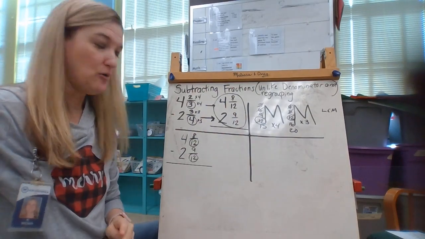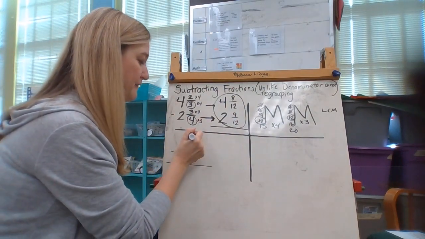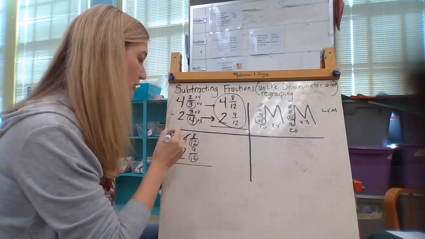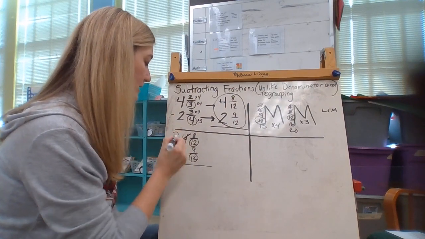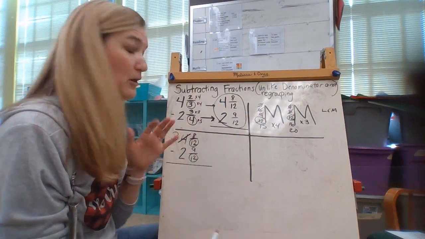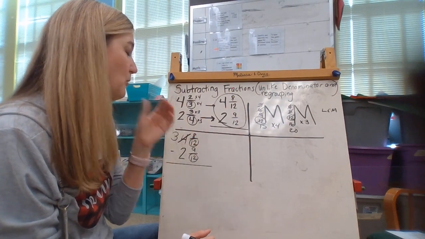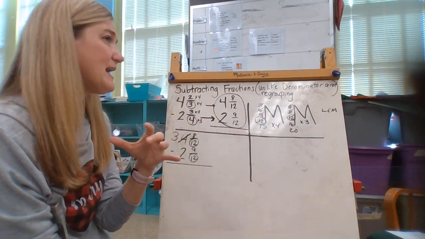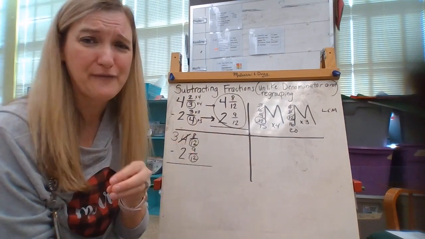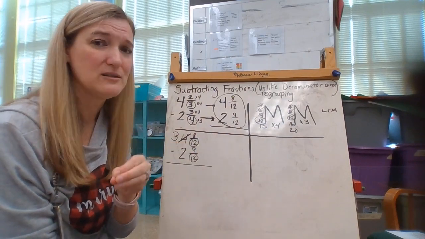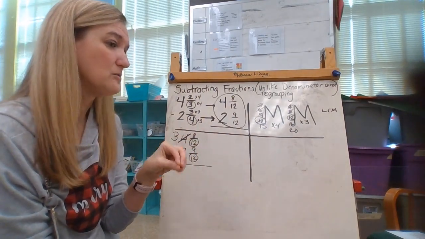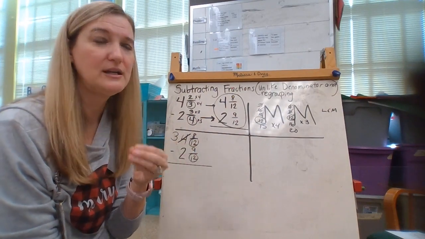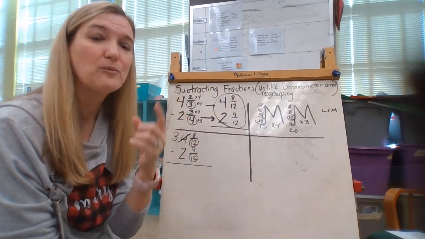Okay, so I'm going to take my 4, cross it off, and I'll borrow a whole unit from this. So anytime I'm working with fractions, I like to make my life easier, and whatever denominator I've come up with, that's what I use to make my whole. So if I had a denominator of 100, 100 100ths would be 1 whole.